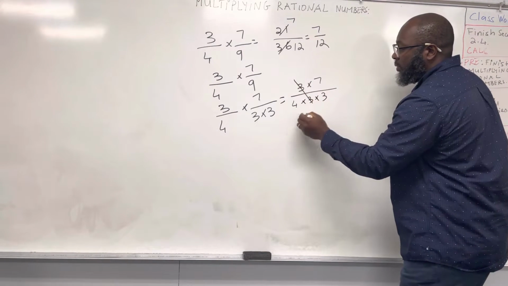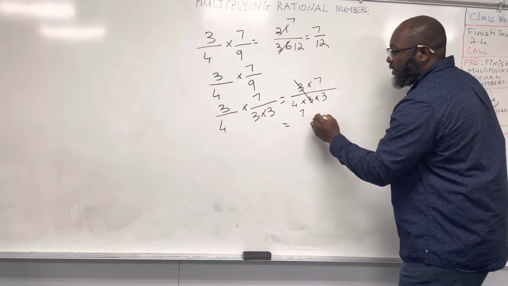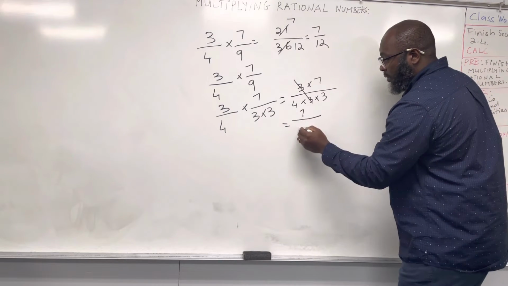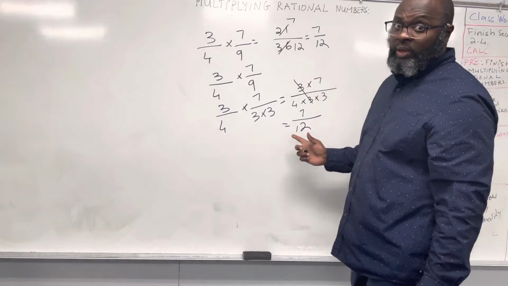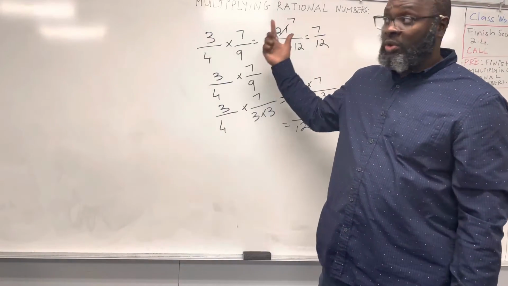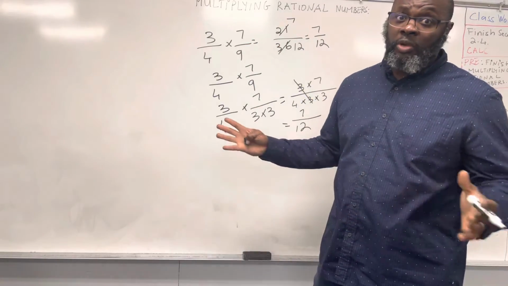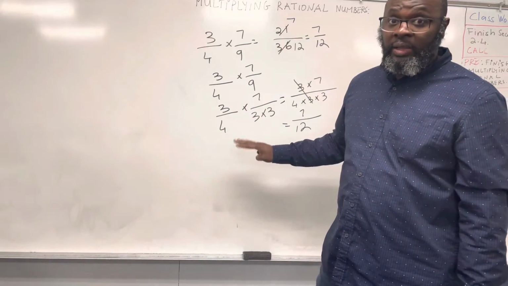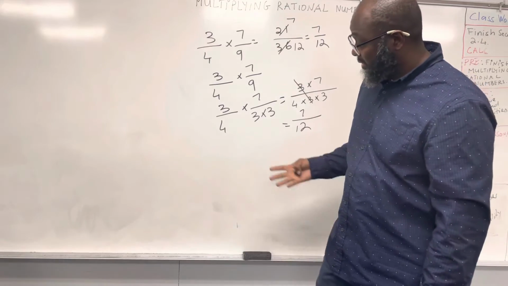Now I can cancel this out, and I'm left with 7 over 4 times 3, which is 12. So this is a simpler way of simplifying fractions once you multiply them. So when multiplying rational numbers, you always want to find a way to simplify them before multiplying. This is the best way to do it.